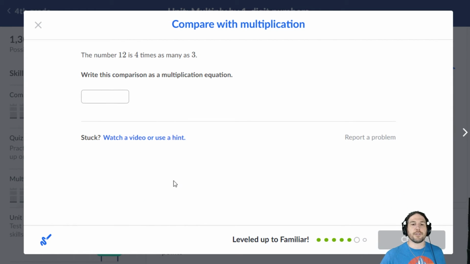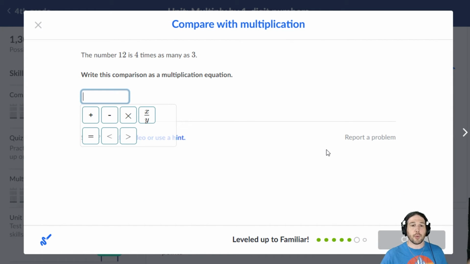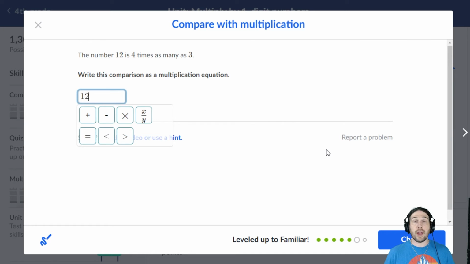The number 12 is 4 times as many as 3. Now, I am going to put this down in the order that it is given. The number 12 translates to equals. This is really important stuff. This is a really important topic because later on when we start doing algebra and algebra word problems, this is setting that foundation.